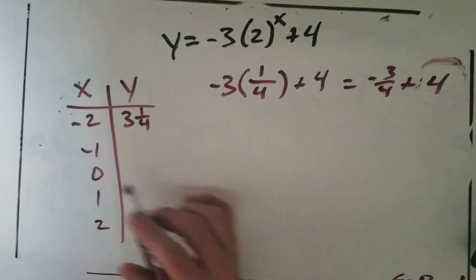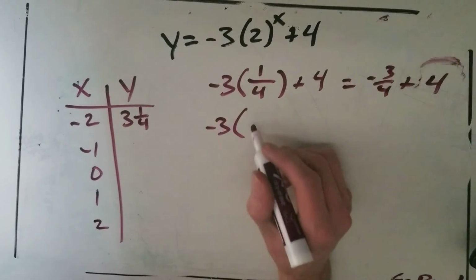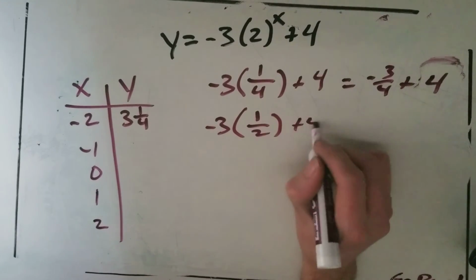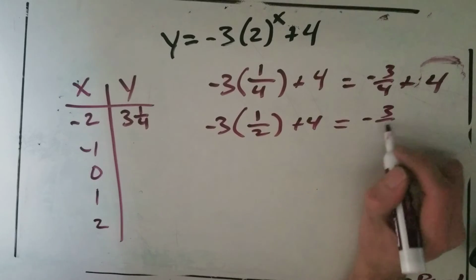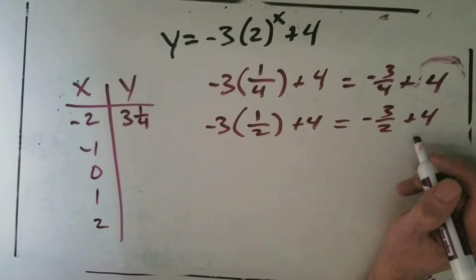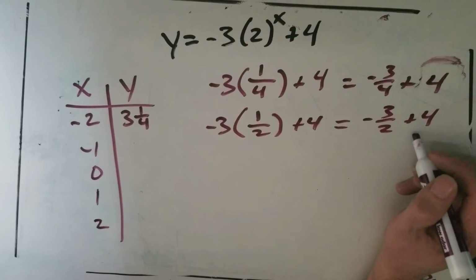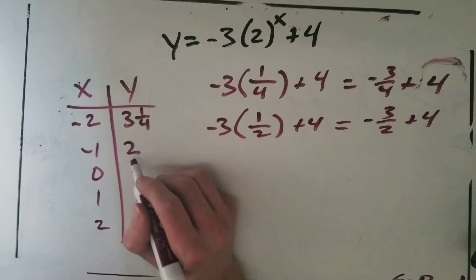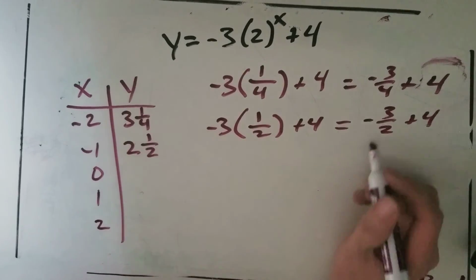Then when we have -1, -3 times 1/2, since 2 to the -1 is 1/2, plus 4, we'll have -3/2 plus 4. So then here we have 2 and a half.